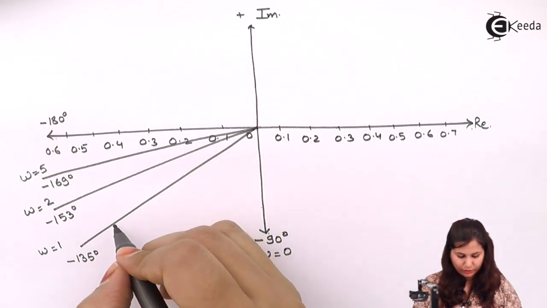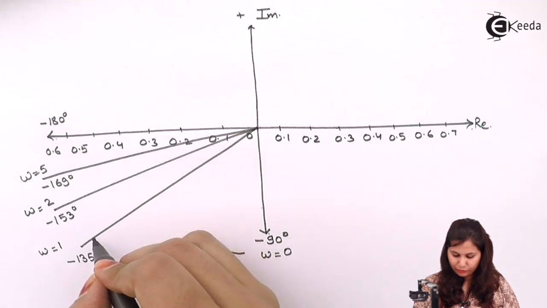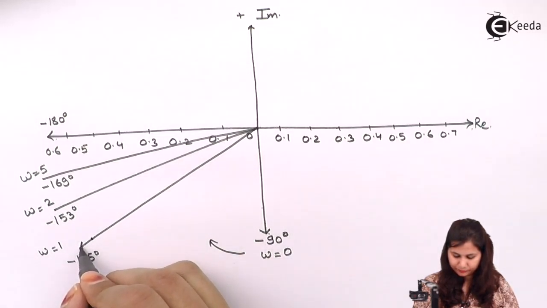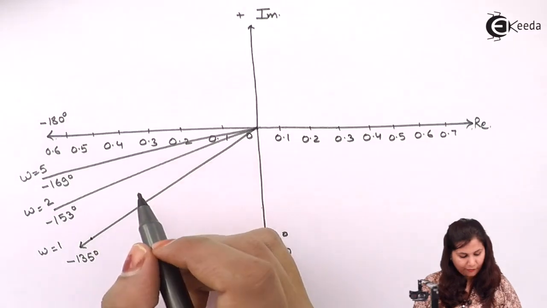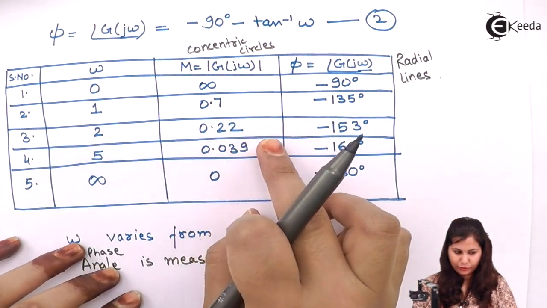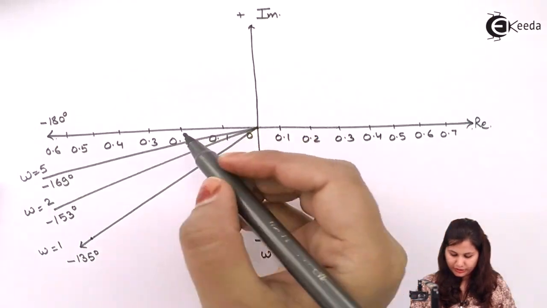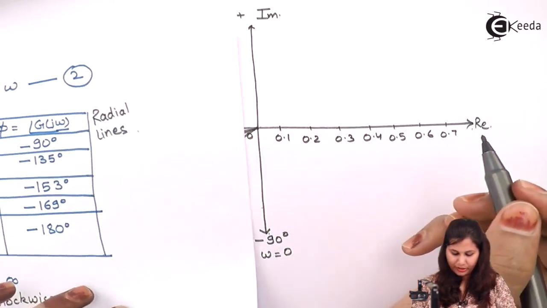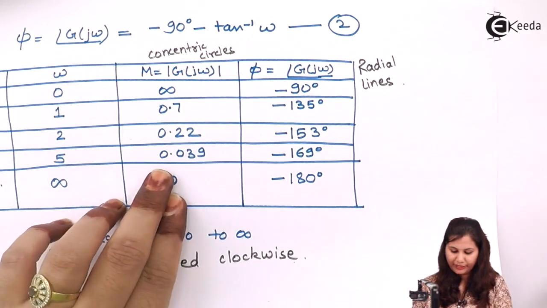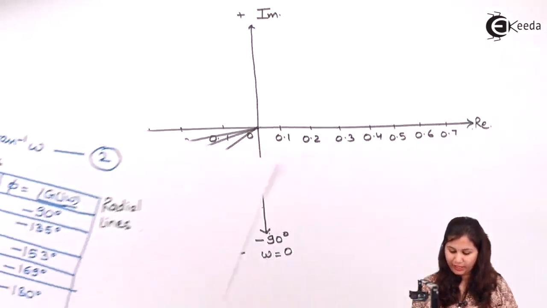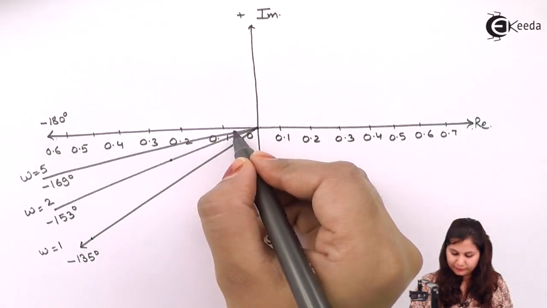So omega equals to 1, magnitude was 0.7. So it is somewhat like here. Then for omega equals to 2, the magnitude is 0.22. Okay, so it is like here, 0.22. Then for omega equals to 5, we have magnitude as 0.039. So it will be here.